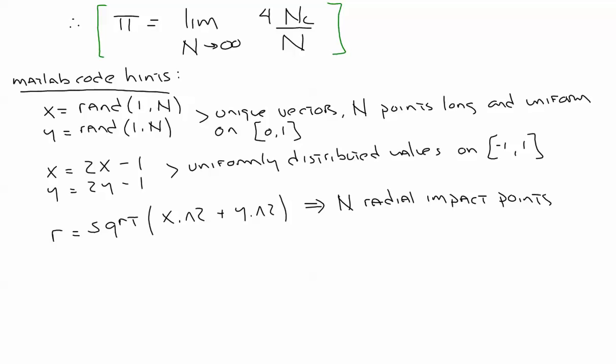And then I can do some simple MATLAB code. Let me jump to the next page. I can start off by setting n sub c equals 0. All right, n sub c is the number of darts that hit the circle. We'll start off with it 0, and we'll do something like this.